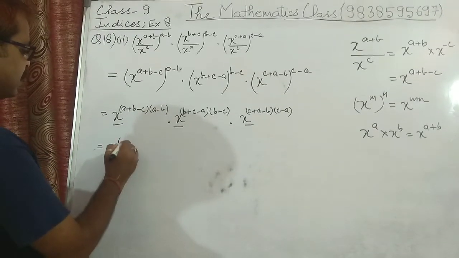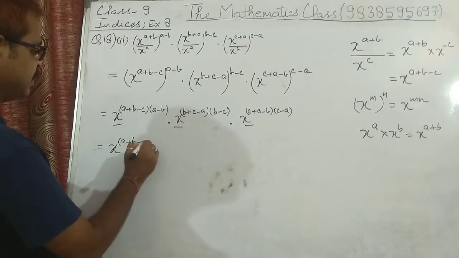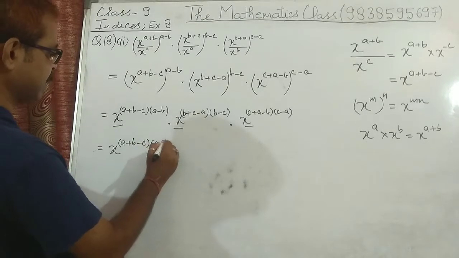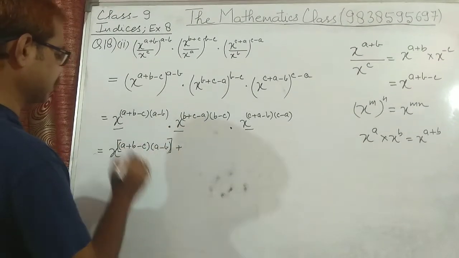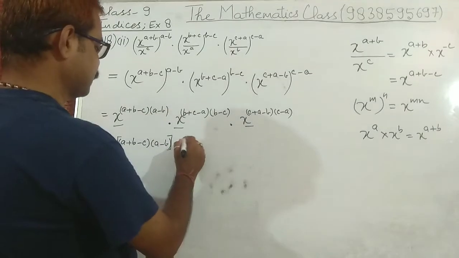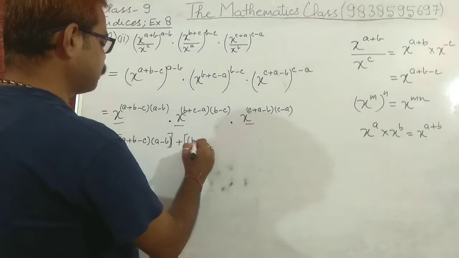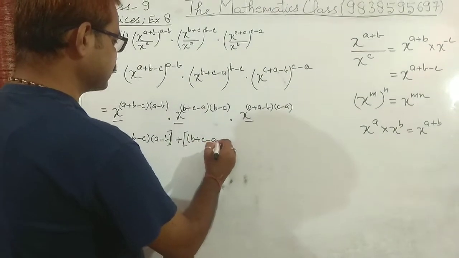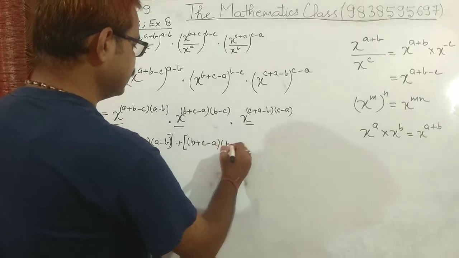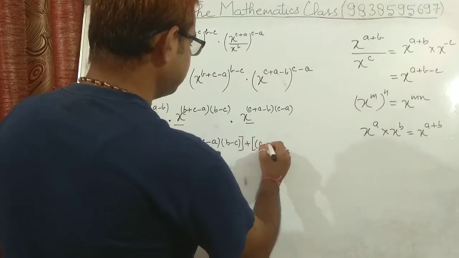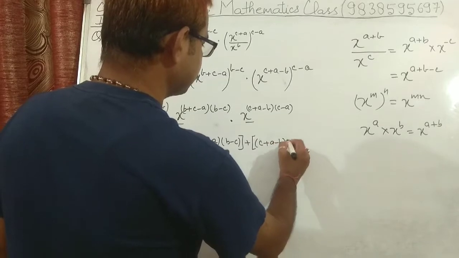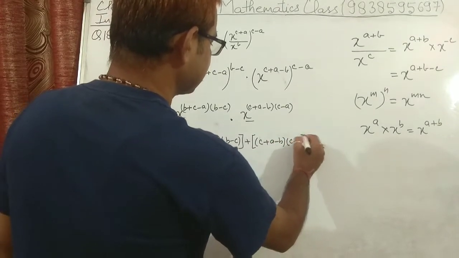x to the power a plus b minus c into a minus b plus, let's put a bracket like this, plus b plus c minus a into b minus c, and plus c plus a minus b into c minus a.